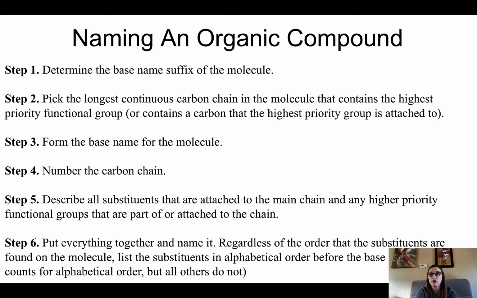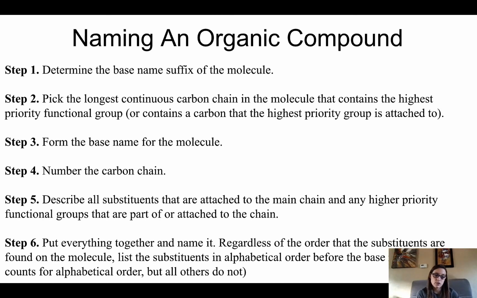We might have to go right to left, go up, go right to left and then down. It's not just a quick left to right or right to left. You have to examine all possible options. And then we always want to make sure that if there is more than one way to make the longest chain, we have to make sure that our highest priority functional group is attached to that longest chain.